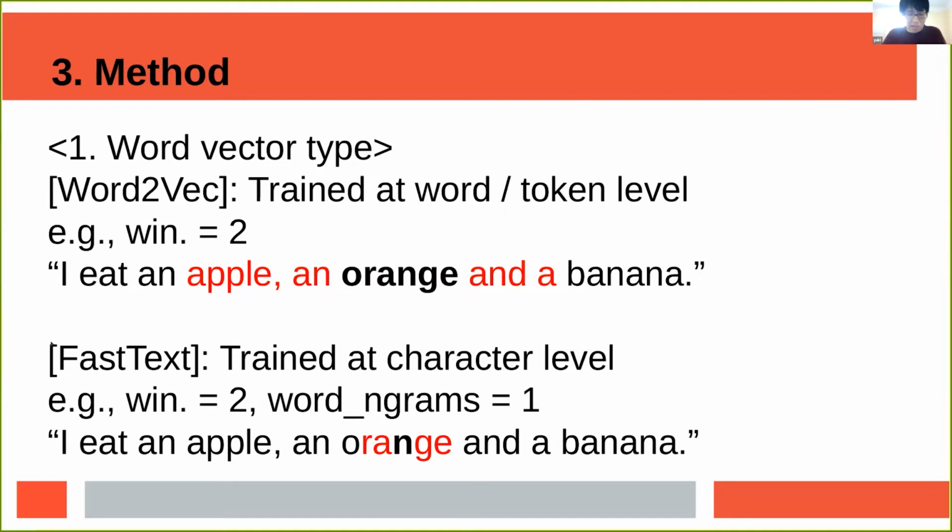On the other hand, fastText is trained at the level of characters. That means if the target character is N in the word orange, its context is R, A, G, and E, given the unigrams.